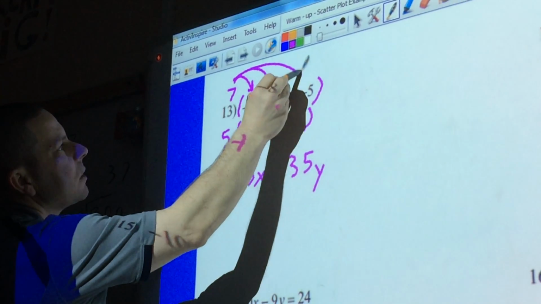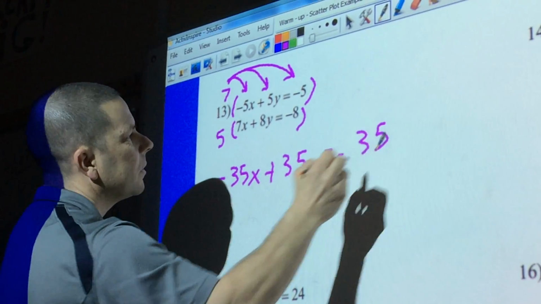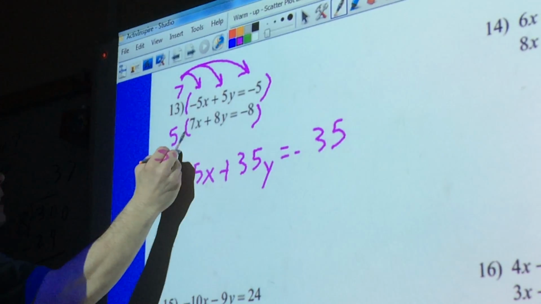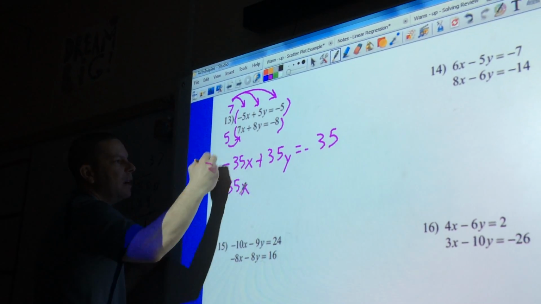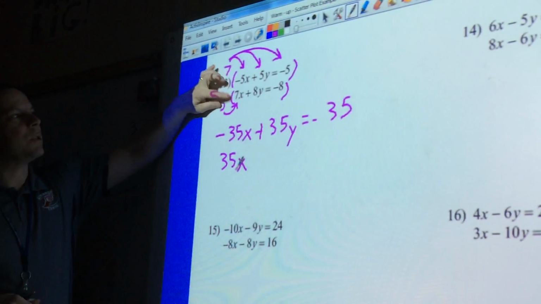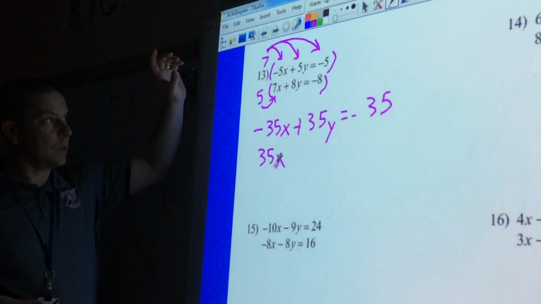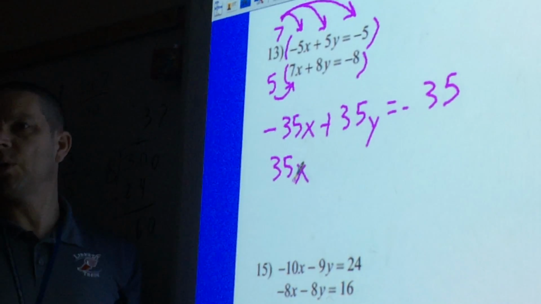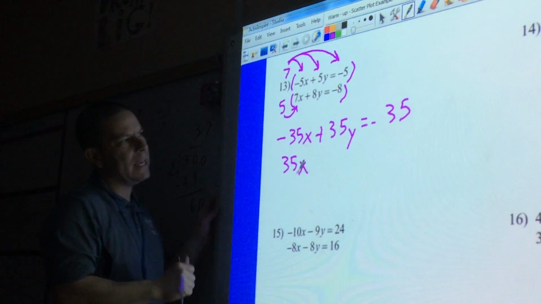And 7 times negative 5 is negative 35. Now let's move to the bottom row. And I distribute 5 to 7x, and that gives me 35x. So there is the reason that I chose the 2 numbers that I did. They were already opposite in sign, so I just needed to make the coefficients the same number. If we had done the y's, we would have had to multiply one of them by a negative, not just both positive. So this is maybe a shade easier.